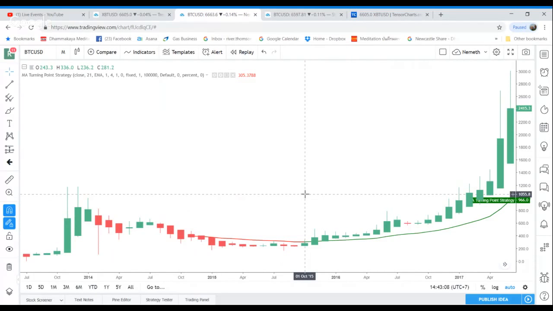So for him, the basic of his strategy is, what direction is the EMA going in? Is it sloping upwards or sloping downwards? If price is above a sloping upwards EMA 20/21, then he's looking for longs. If it's below and it's a sloping downwards EMA, he's looking for shorts.